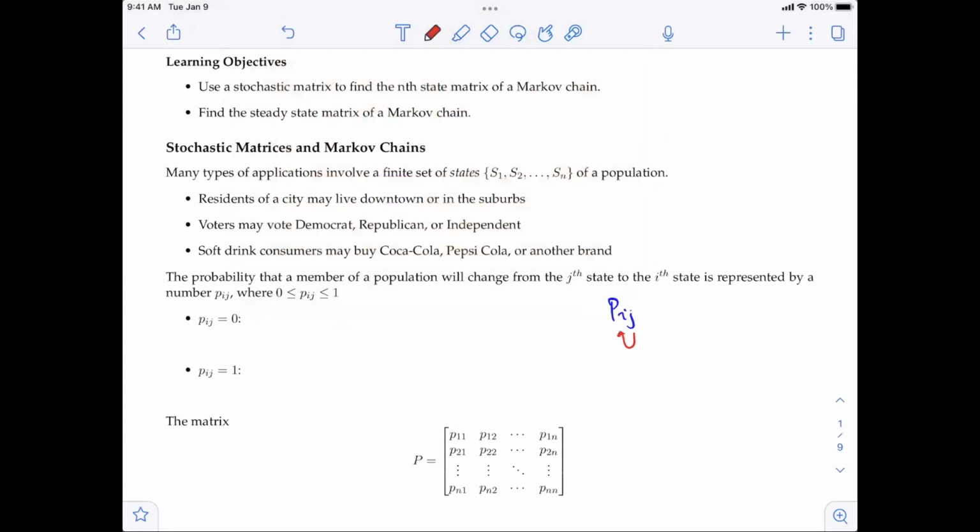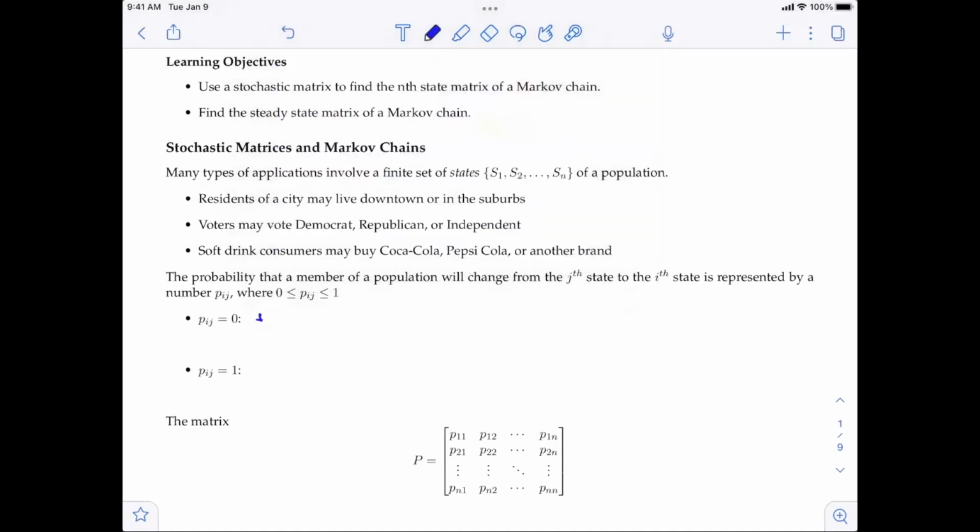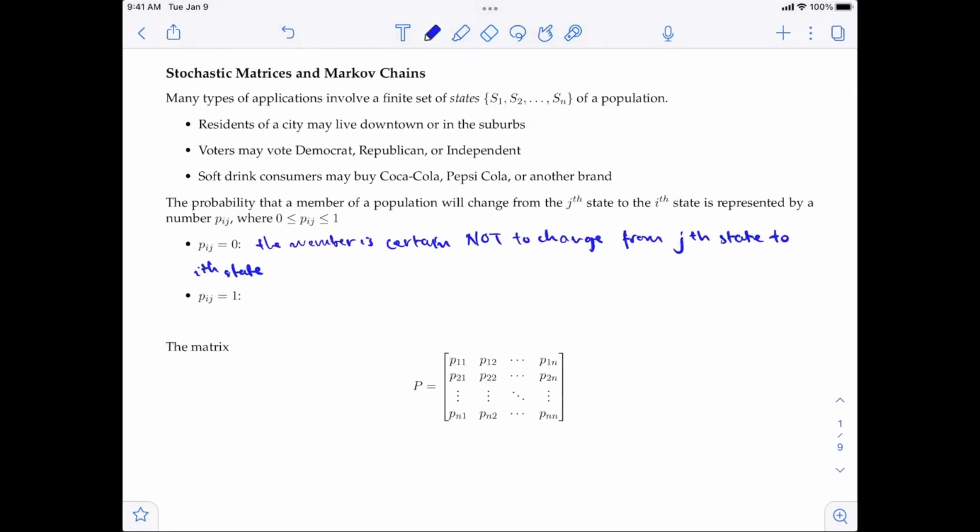So for P sub ij equal to 0, that is that the member is certain not to change from the J state to the I state. That's the probability equal to 0.